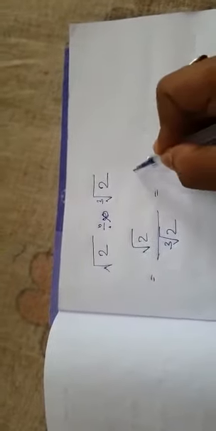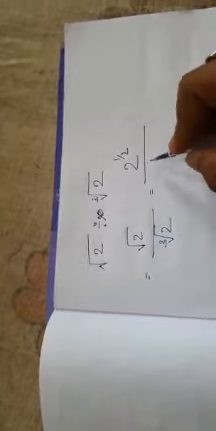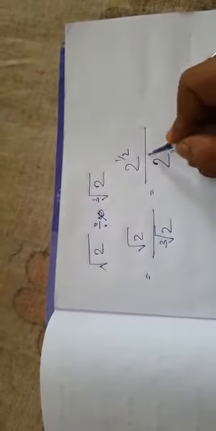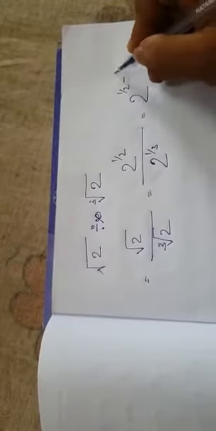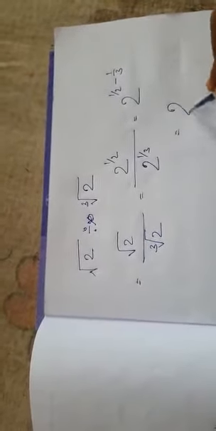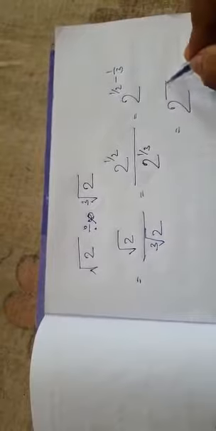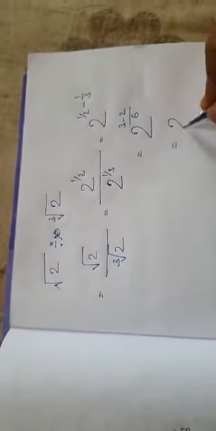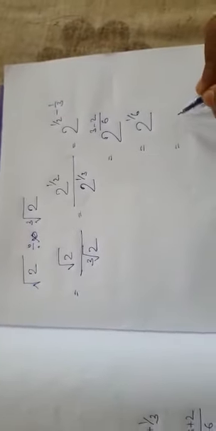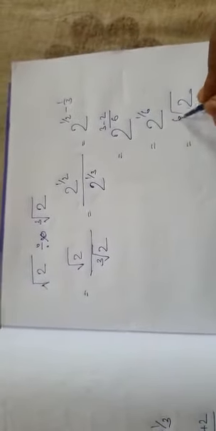That is 2 to the power half by 2 to the power 1 by 3, so it will be 2 to the power half minus 1 by 3. That is 2 to the power 3 minus 2 by 6, so 2 to the power 1 by 6, which means the 6th root of 2. I hope that you have understood up to this much.